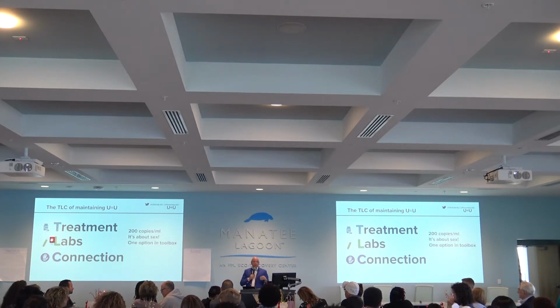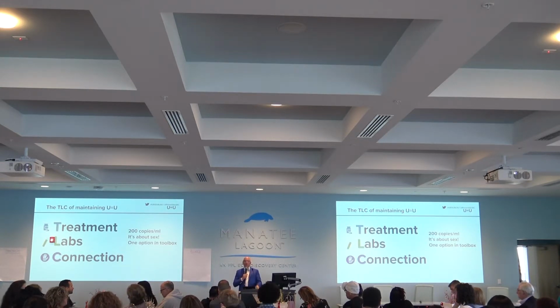And again, 200 copies seems to be a magic number. That is the number they use worldwide. Even though we look at more intense numbers, it seems transmission stops and becomes zero at that level. And the other message for patients is that if viral load is less than 1,000 copies, there's no clinical progression. That's a lot higher than our current undetectable, but at 1,000 copies, clinical progression stops.